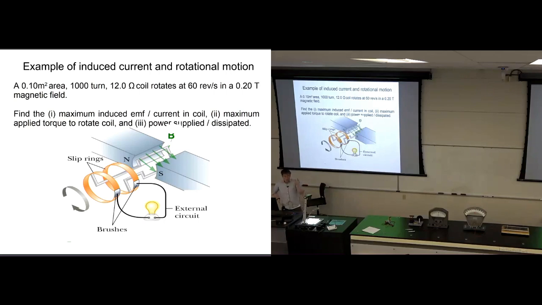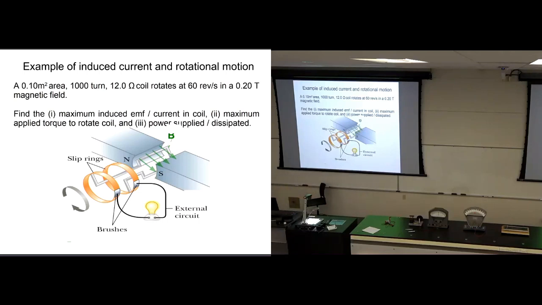And we're told the resistance of the loop of wire, 12 ohms. And we're told that we're rotating that loop 60 complete revolutions per second in a magnetic field that's 0.2 Teslas. So that's all the information given in that one sentence.